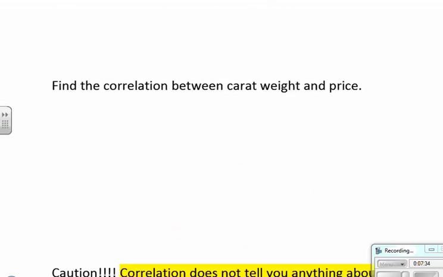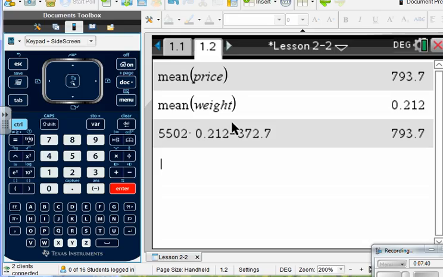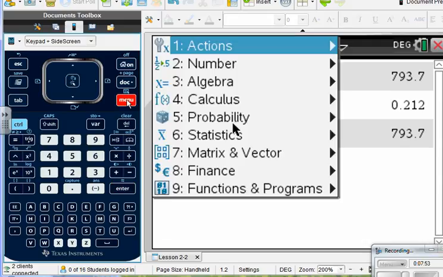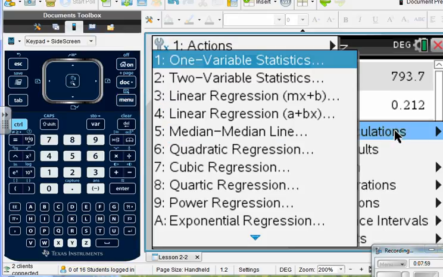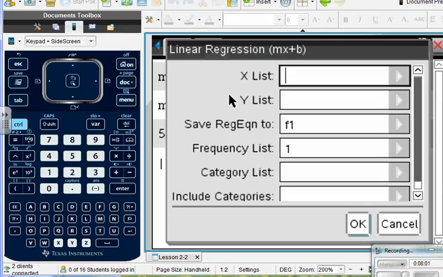If we want to find the correlation between how much the diamond weighs and the price, you go to your calculator page, and it's actually on the same page where we went to get the regression line, the line of best fit. You hit Menu, Statistics, Stat Calculations, Linear Regression, which is number 3.